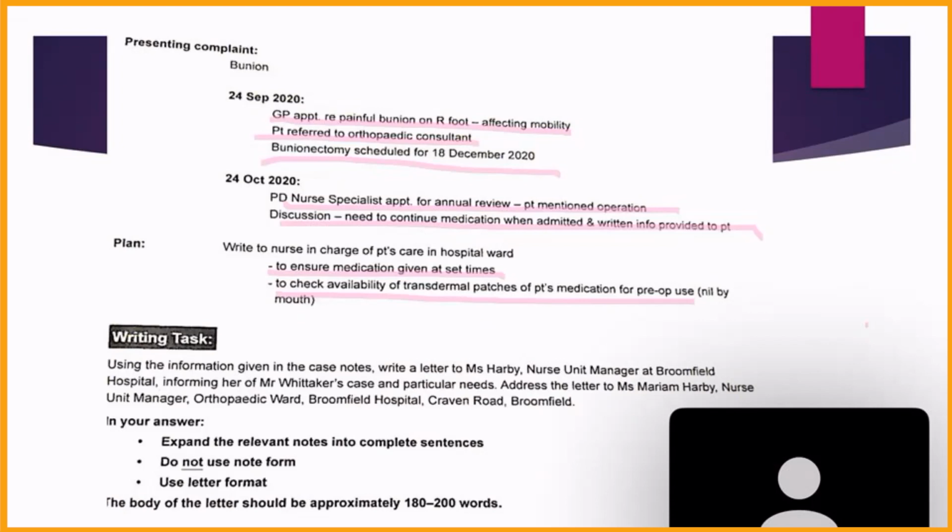Can you tell me the address part, please? Miss Maria Harvey, the nurse unit manager, orthopedic ward, Broomfield Hospital, Craven Road, Broomfield. Okay.